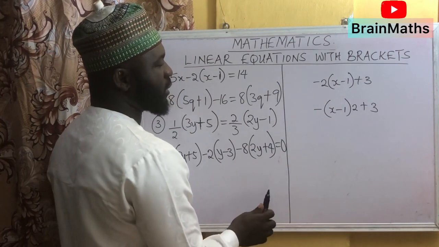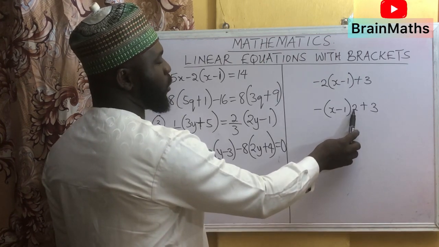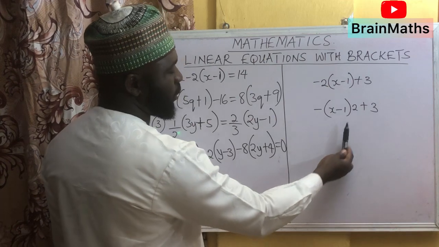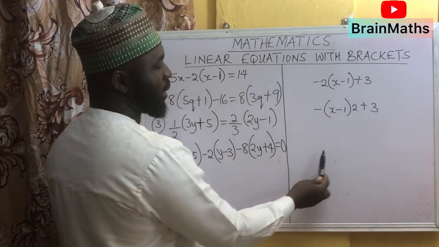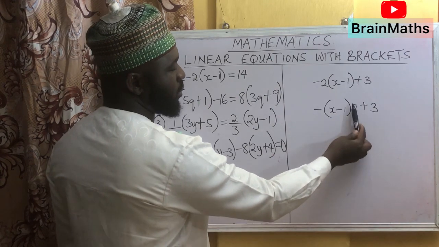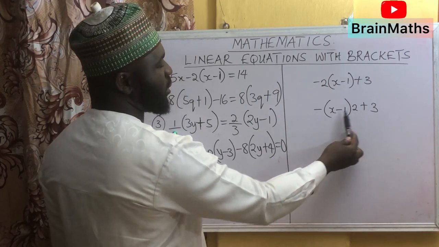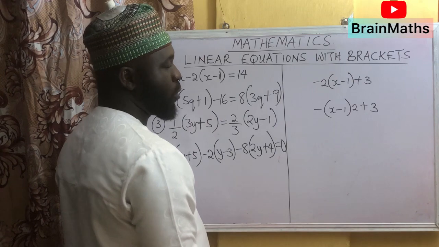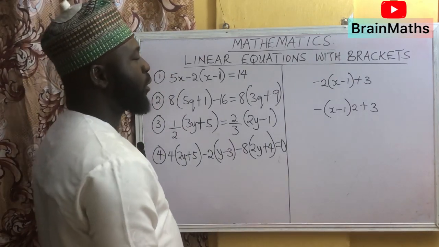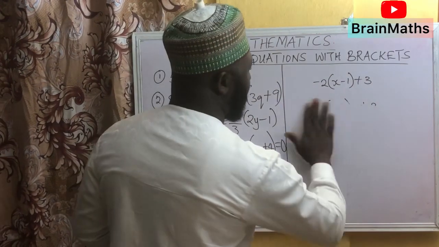The only difference is that the 2 is coming after the bracket. It still shows clearly that this 2 is part of the bracket because there is no sign breaking the relationship between the 2 and the bracket. So these are the things we need to look out for in order to open our brackets.